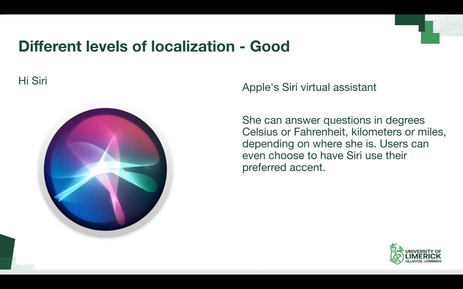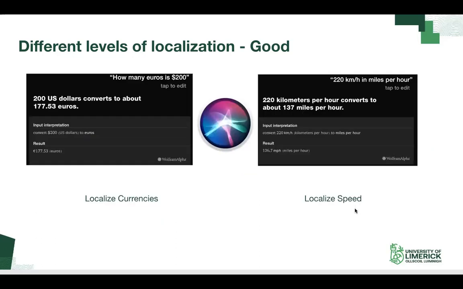Siri supports natural language input and calls system apps for weather forecasts, searching, date searching, and constantly learns new voices. For example, Siri can convert dollars into euros and miles into kilometers.